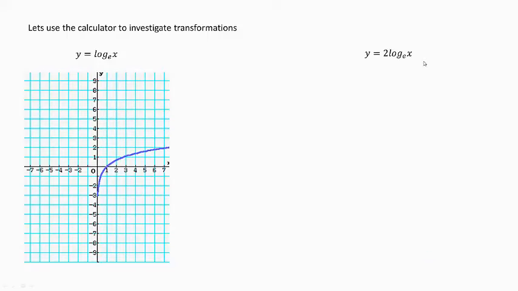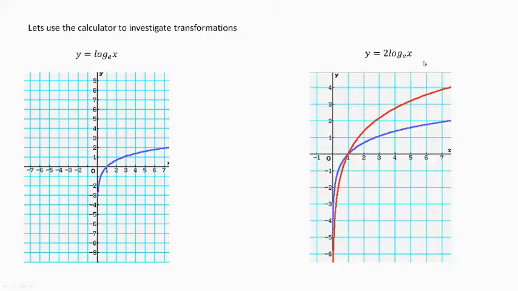Okay, next one we want to look at is, what if I put a 2 out the front? So this is 2 times log e to the x. What's going to happen here? Well, I've made the graph a little bit bigger so that we can see exactly what's happening. We're changing the y value.